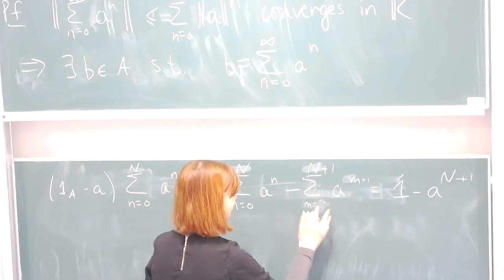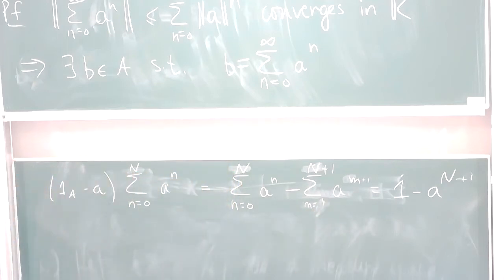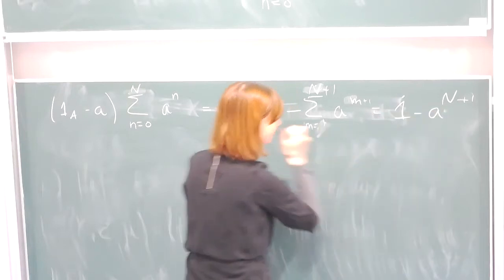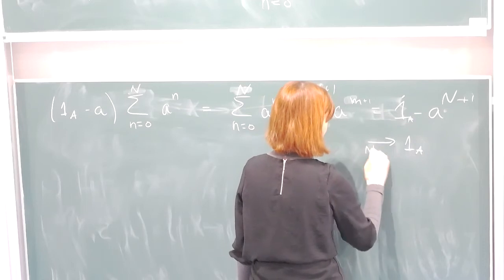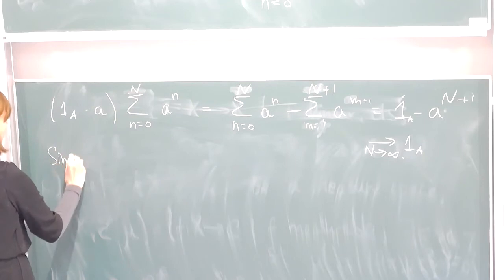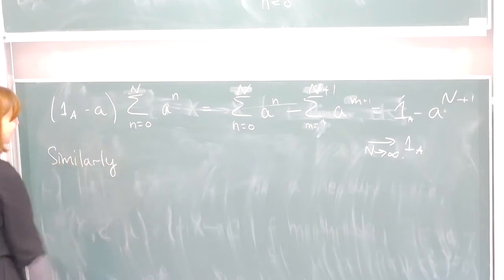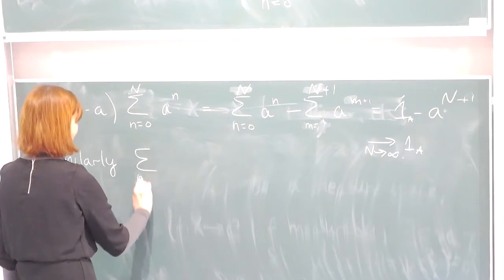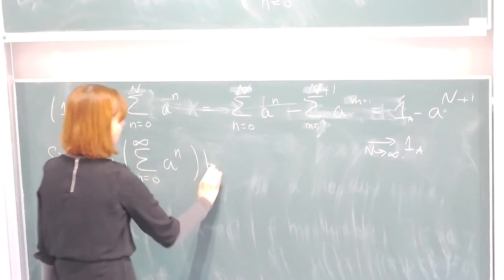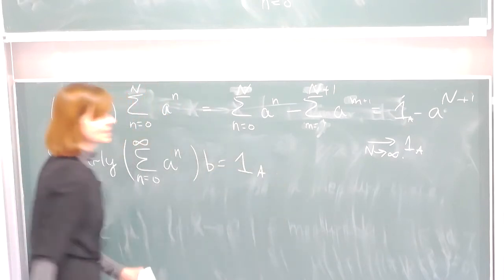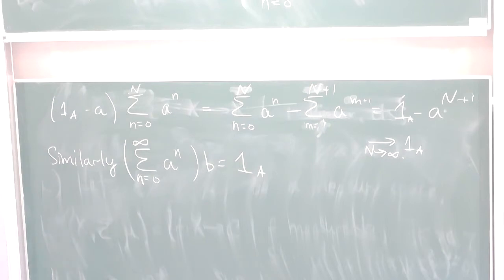Wait, sorry, should still be a 1. Okay, and we know that a has norm less than 1. So as N goes to infinity, this will go to 1. And of course, we need to check it on the other side, but that's a similar calculation. So sure.